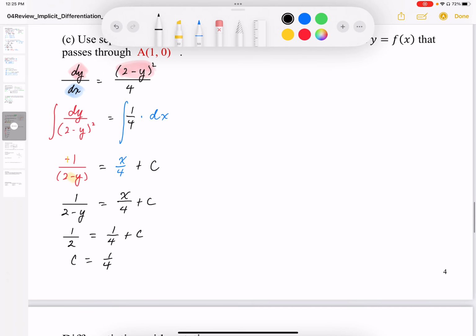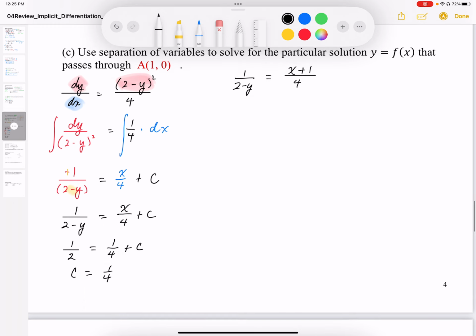So I'm going to write my equation like this: 1 over (2 minus y) is equal to x over 4 plus 1 over 4, which is (x plus 1) all over 4. Then I want to solve for y to write this as an f of x equation. I'm going to multiply by the reciprocal, so I get 4 over (1 plus x) equals 2 minus y.